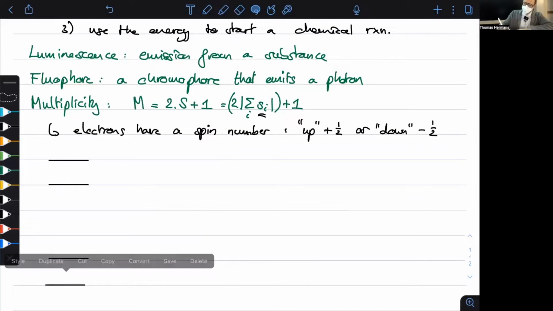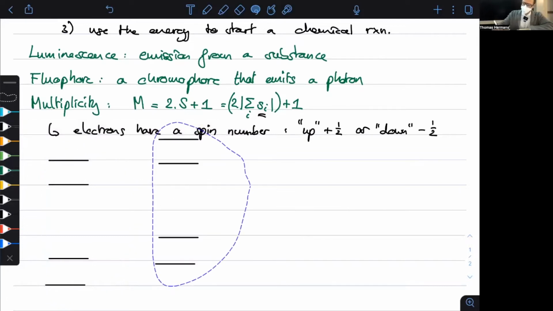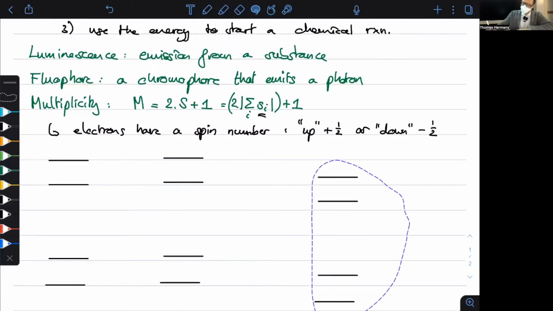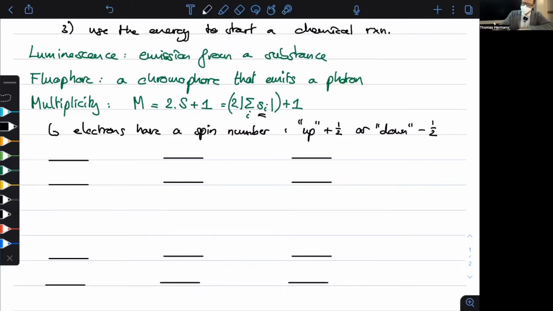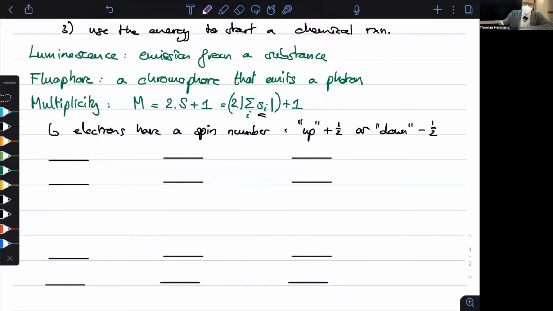Okay, we're going to look at 3 cases. The first one is simple, right? It's the ground state. So we draw the electrons, spin up, spin down, spin up, spin down. That would be the ground state.